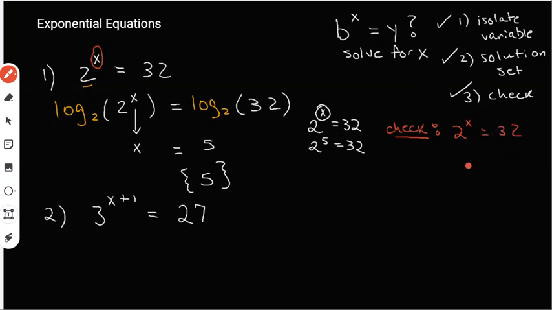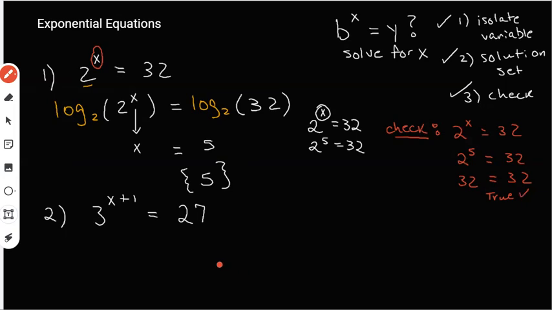I'm going to take my answer and put it in place of the x. So I get 2 raised to the 5th power is equal to 32, and 2 raised to the 5th power is 32. So essentially, I get 32 is equal to 32, and that's a true statement. Once I got the true, I know that 5 belongs inside of the solution set.